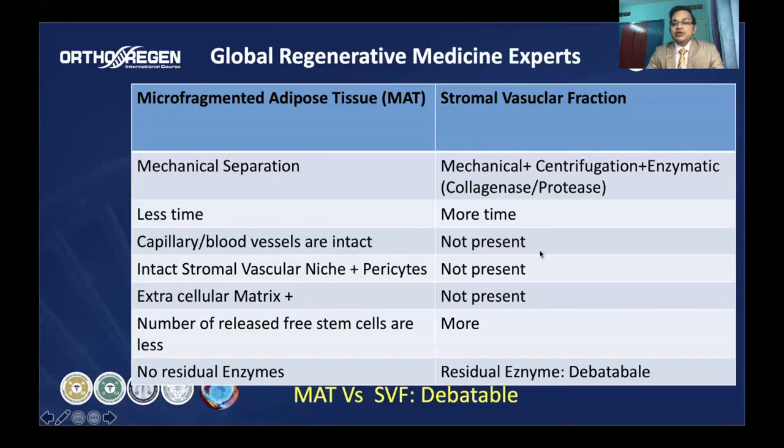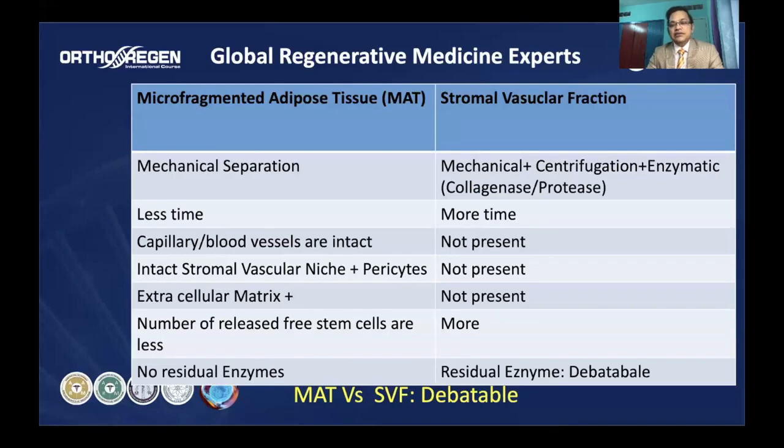But those who use SVF say that when you are using enzymes, the residual enzyme, if you use proper technique, may be negligible, so there may not be any side effect of the enzyme. Number two, when you use MAT, you are not able to release an adequate number of stem cells because they are still entrapped. But when you use SVF, the number of stem cells is more, and it is not just stem cells.